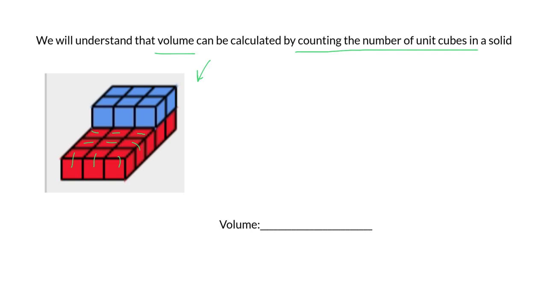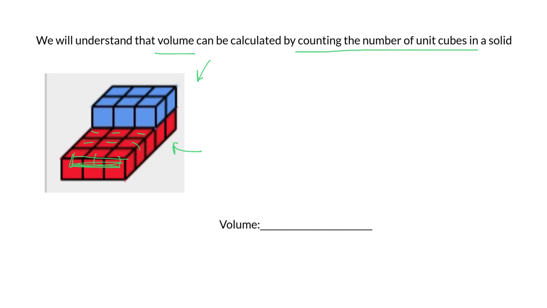I see 9 unit cubes, and you can see on some of these cubes, I can see 2 faces, but on some of them, I counted those 9 just by looking at the top face, because that tells me that the cube is still there, even if I can't see all 6 of the faces or even 2 of the faces.